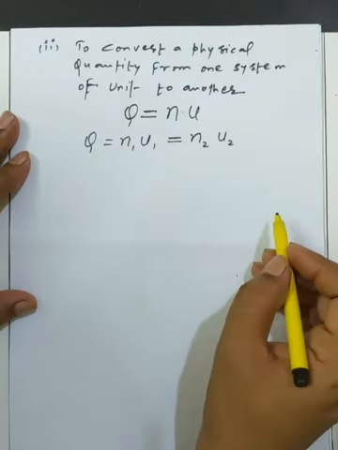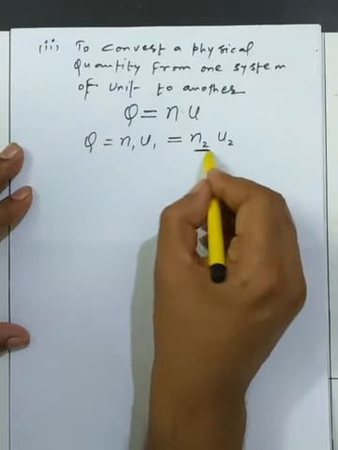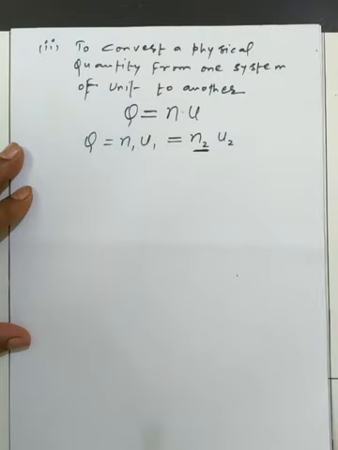Now we have to calculate the magnitude in the other system in which we want to change the quantity.